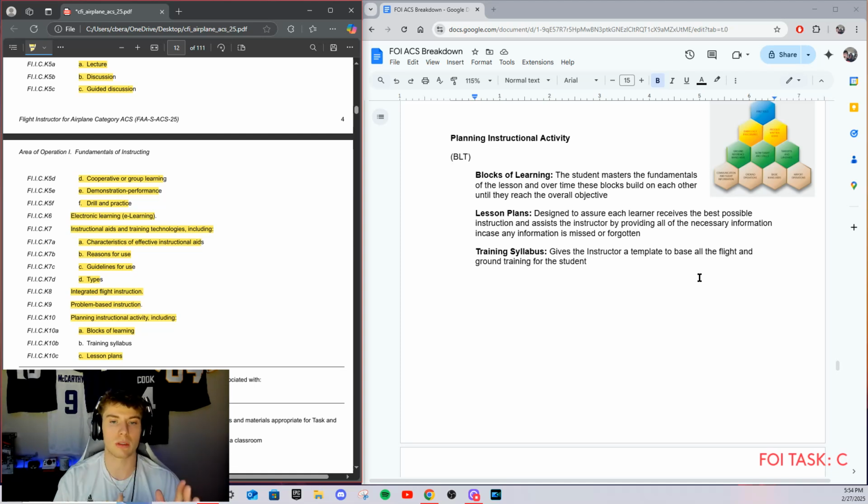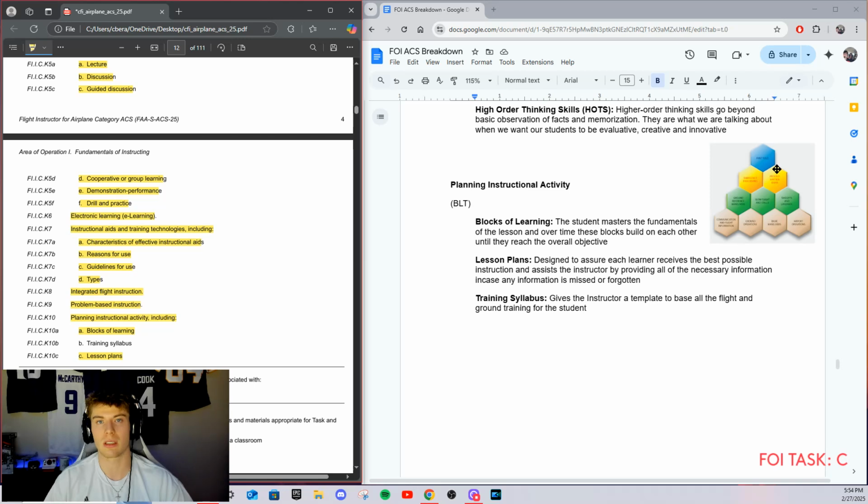Just what should we do next? Just checking off all those boxes. It should be the same as the blocks of learning, because the way it'll go through that syllabus, it'll knock out those important things before you get to the solo, and then you get to the cross country, and you get to your check ride prep, just like that.